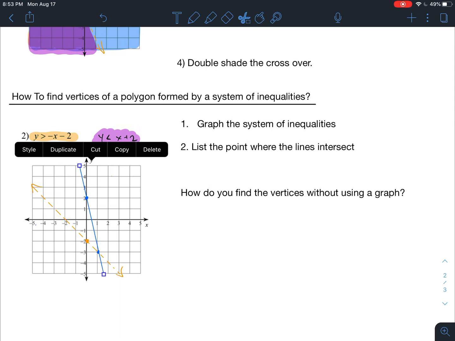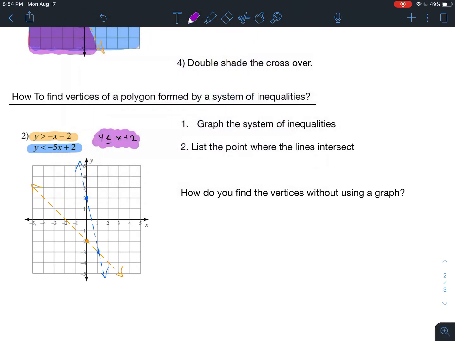That should be good enough. And we said that this one's going to be dashed because it is not equal to, just like that.